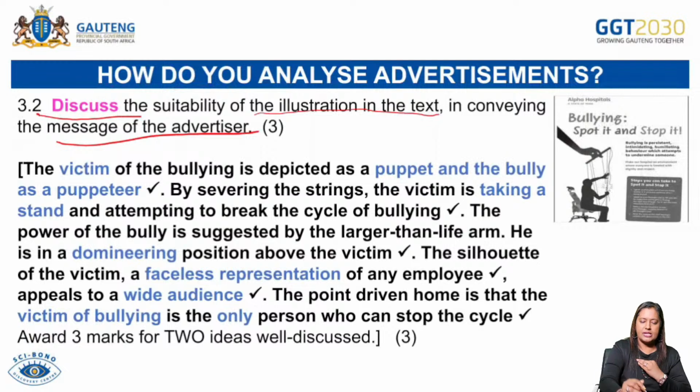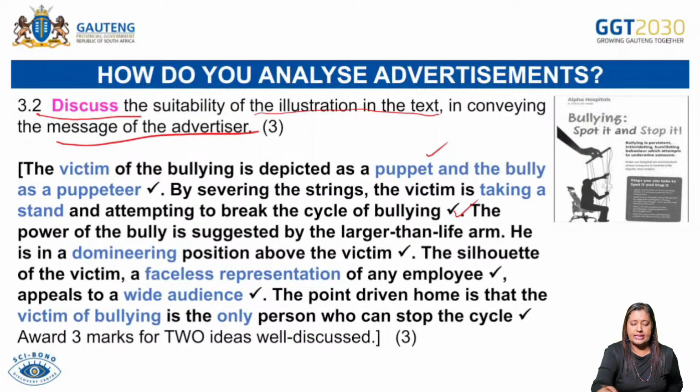All right. So the first part of the answer says, the victim of bullying is depicted as the puppet and the bully as the puppeteer. I've spoken about that. By severing the strings, or the cutting of the strings, the victim is taking control or taking a stand and attempting to break free of the cycle of bullying. All right? So that in itself is giving us the understanding of the text. Then we go on to say our comment.